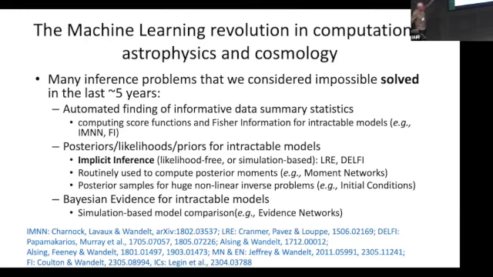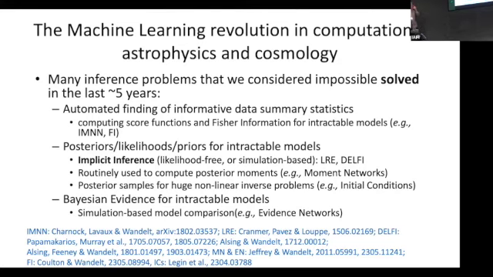By the way, in astrophysics and cosmology, this has really started, I would say, a revolution. There are now problems that people would have laughed at you for suggesting you could do five years ago, which are now basically done as a matter of course. For example, automated finding of summary statistics that extract information from your data.